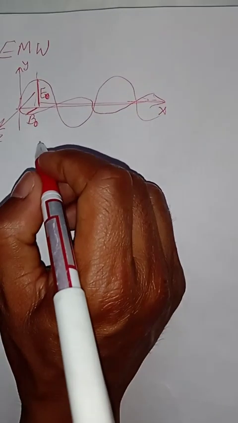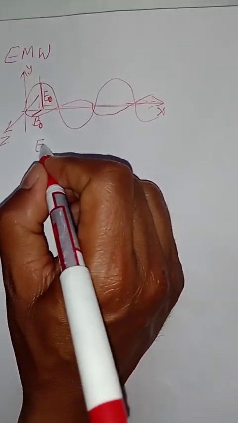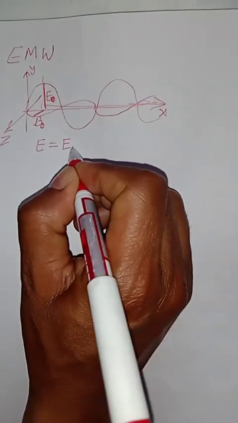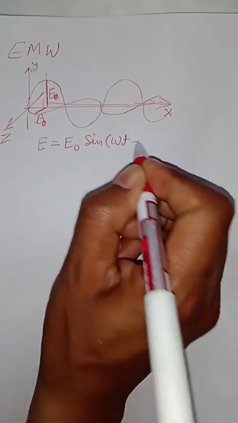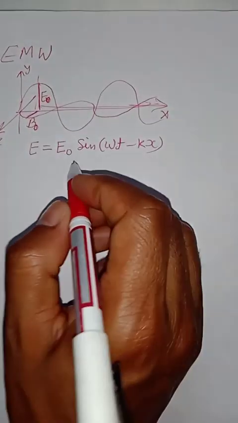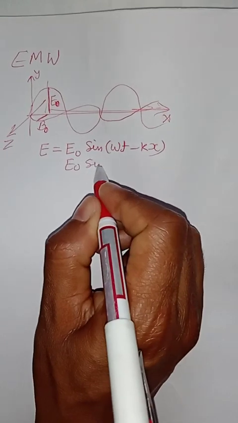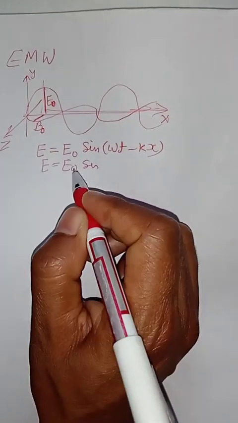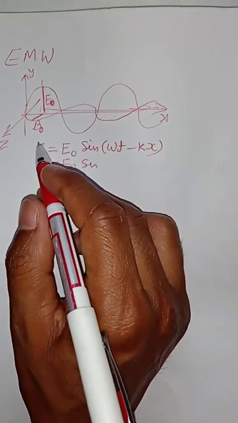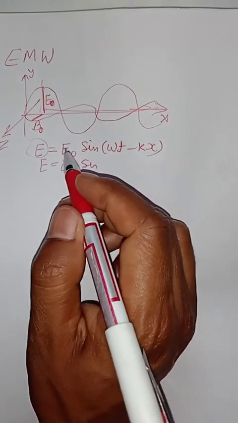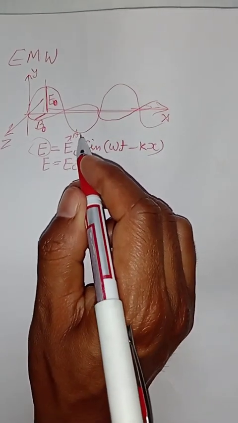So for the electric field, E equal to E naught sine(omega t minus kx), where E naught, this is not epsilon naught, you probably heard it, is the amplitude of the electric field. This is the general electric field at any instant, and this is the peak value or amplitude of the electric field.